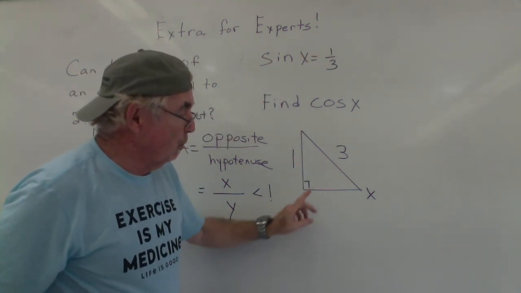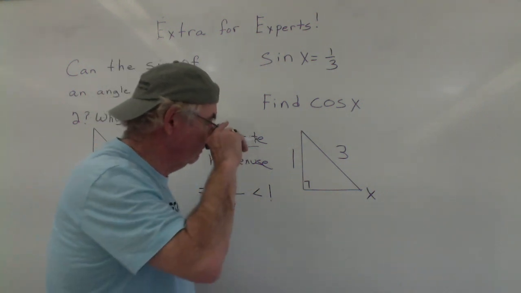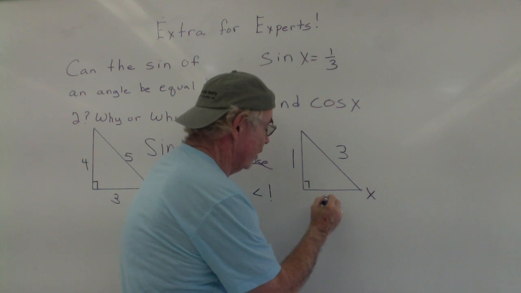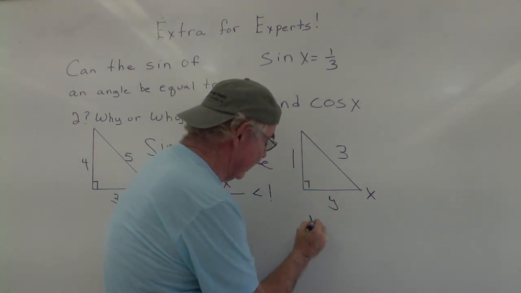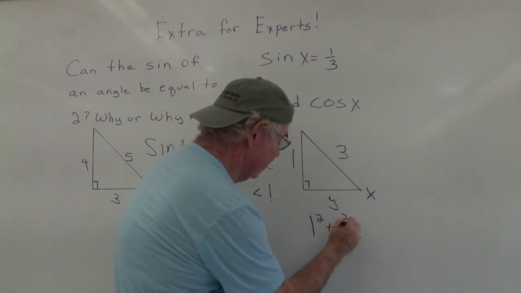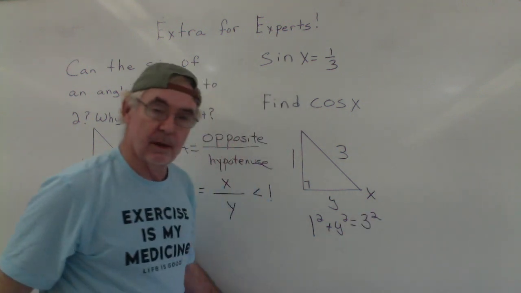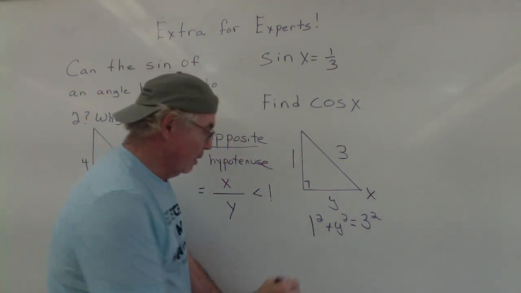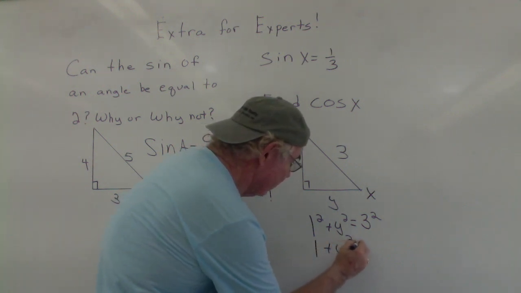Now, we can find this side by the Pythagorean theorem. Let's call it y. We know leg squared plus leg squared is hypotenuse squared. 1 plus y squared is 9.